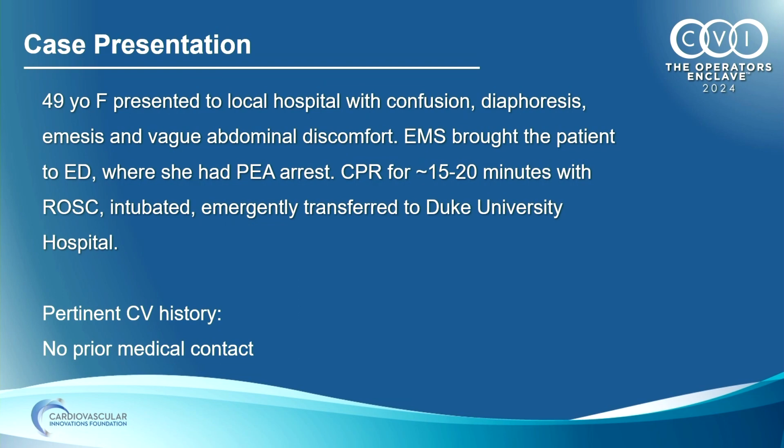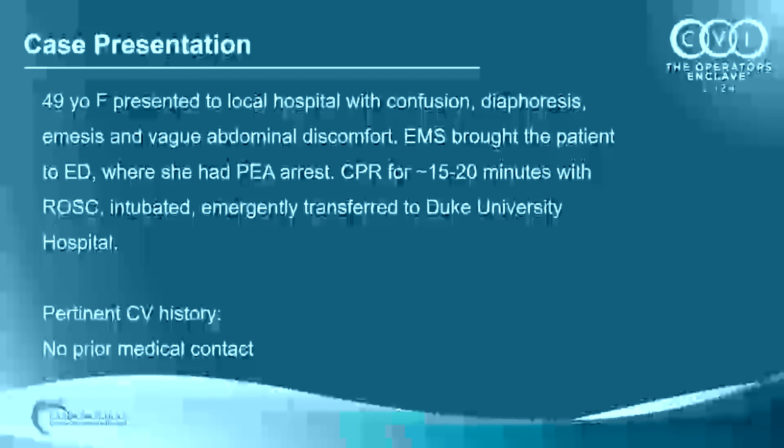She was brought to the ED there, where she unfortunately had a PEA arrest, had CPR for about 20 minutes, eventually getting ROSC, got intubated, and was emergently transferred to Duke University. There was a concern on her EKG for ischemia, which we'll review in a second. But she had no prior medical history, so she came to us as a blank slate.